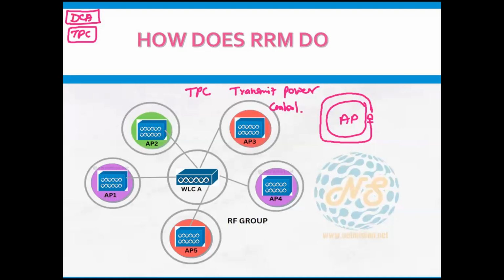Every AP has some kind of power. I'm not talking about the power supply which boots up the AP. What I am talking about is the signal power. Like, up to what level can this AP transmit the signal?